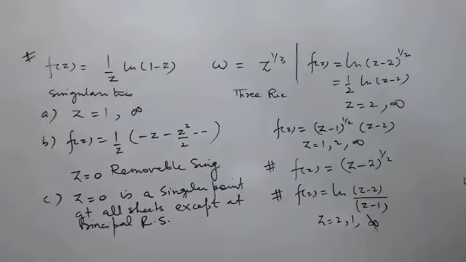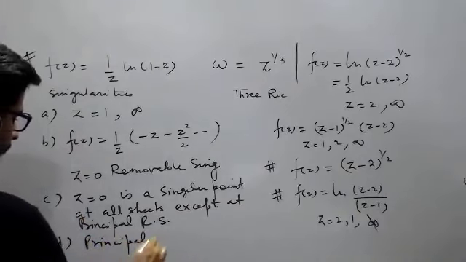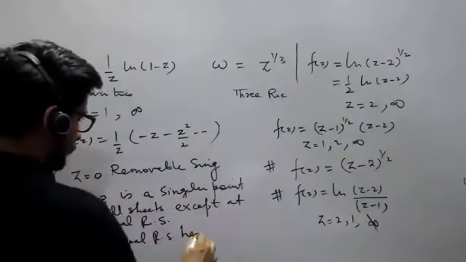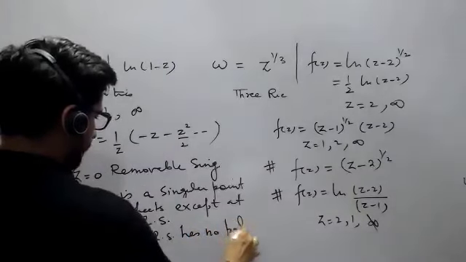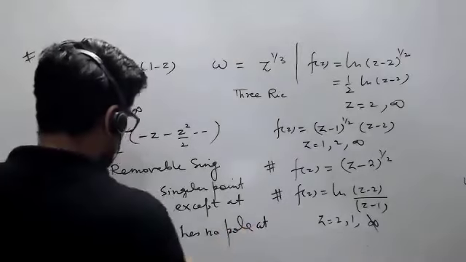Okay. And point number D you write: the principal Riemann sheet has no pole at n is equal to 0.